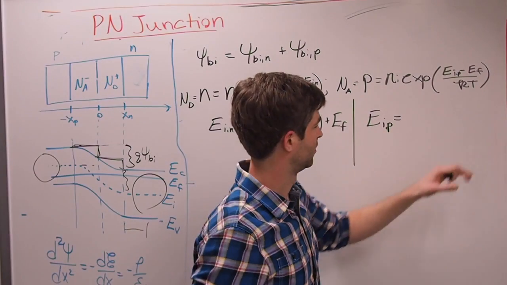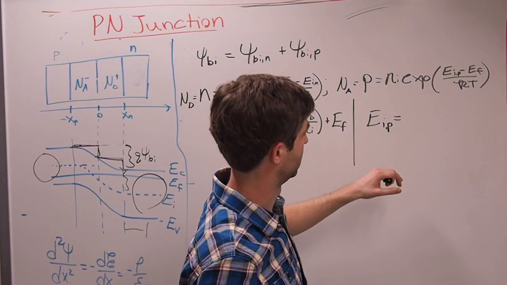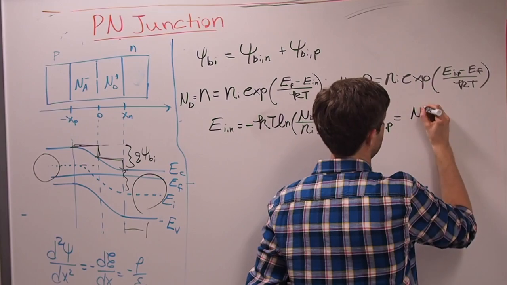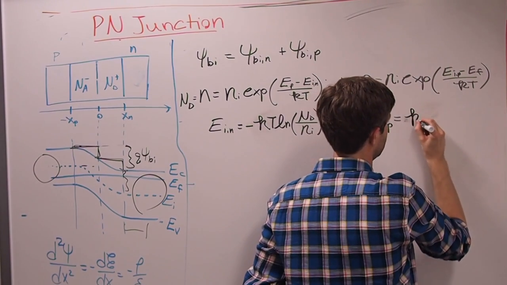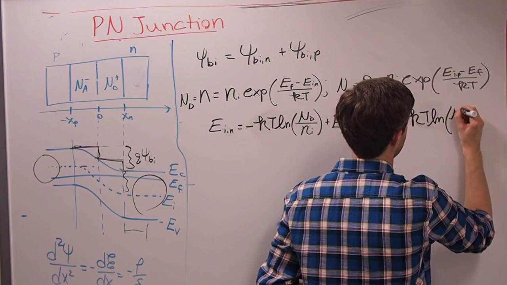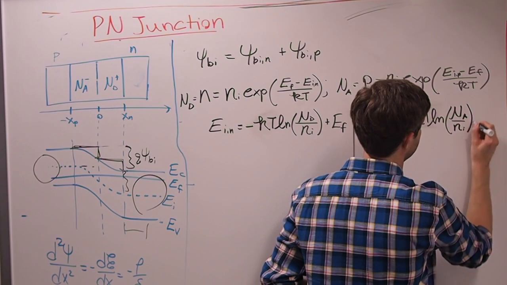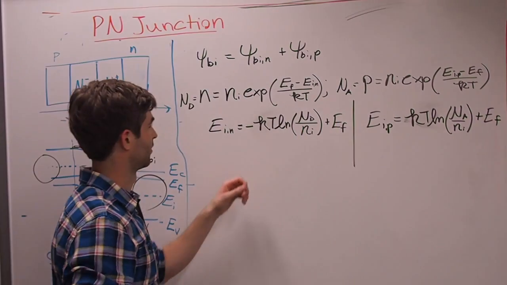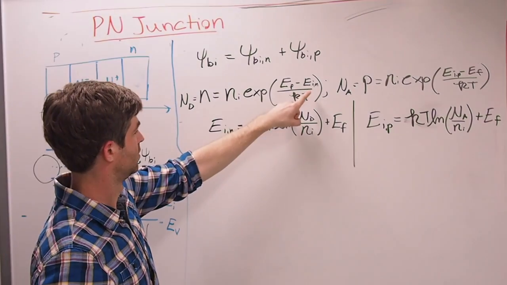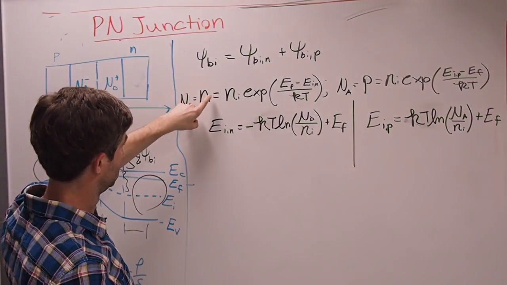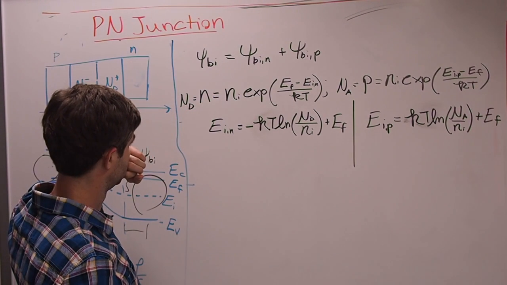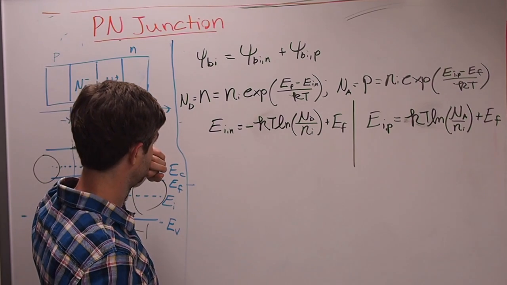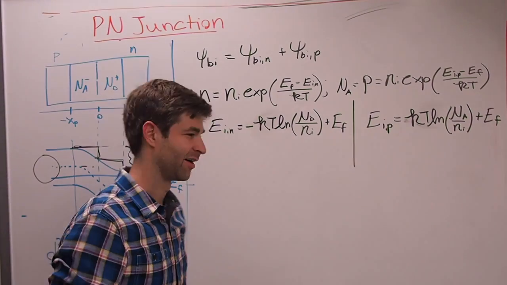You look at this, and if you can do the algebra in your head, maybe I can, I don't know. It's KT natural log NA over NI plus EF. Alright, let me double check this. Okay, looks good.